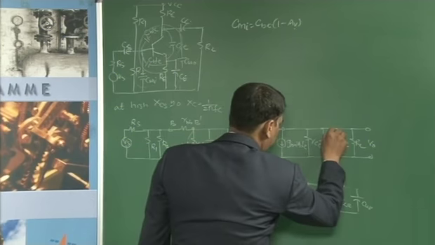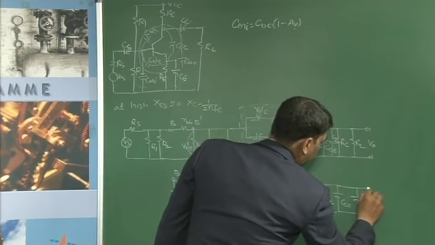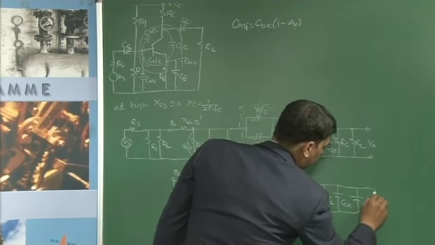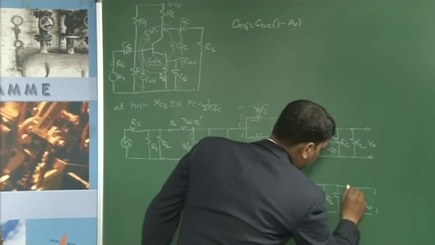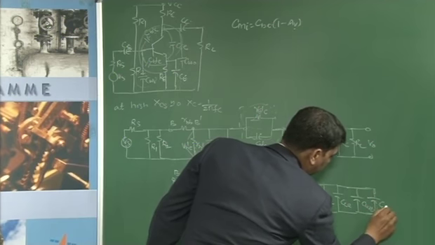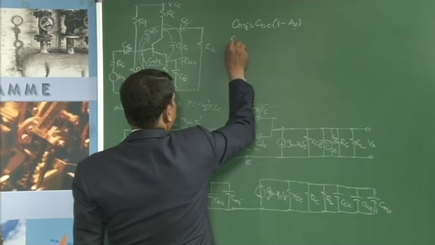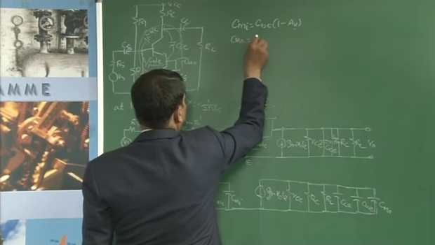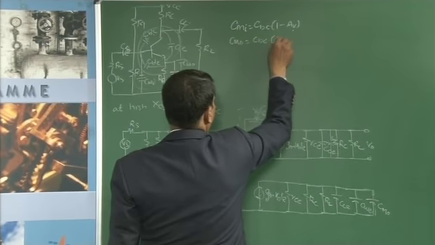Please, here we have to add one more capacitance, that is CWO, and the value at this point is due to CWO and CMO, where CMO is the Miller capacitance, given by CBC times AV.